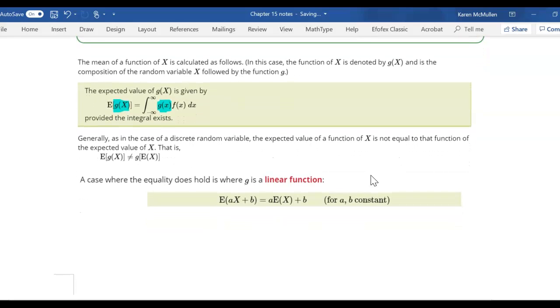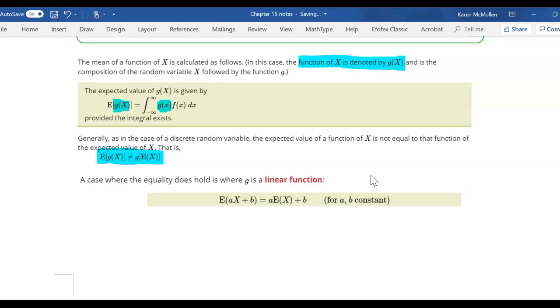All right, so this second part, what I said before is, just like we did with discrete random variables, you might be finding the expected value where x is a function. So in this case, the function of x is denoted by g of x. Instead of writing E of X for your expected value, we write E of g(x), some sort of function. And then in your definite integral, we do g of x times f of x. Now, these aren't equal, which is similar to when we did discrete random variables.